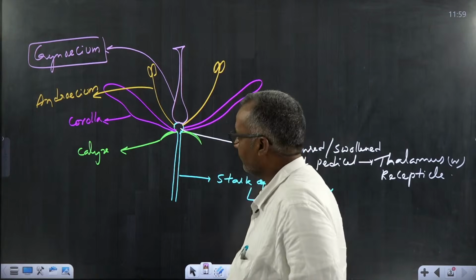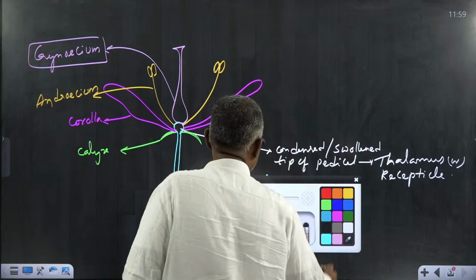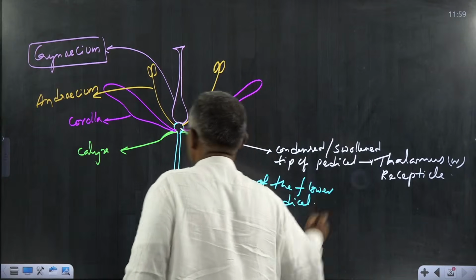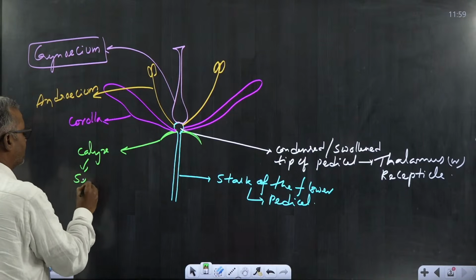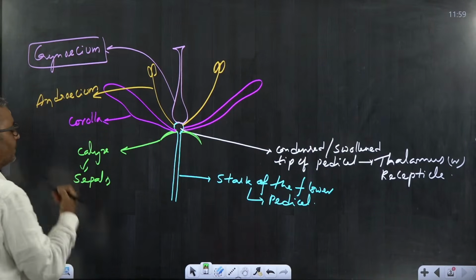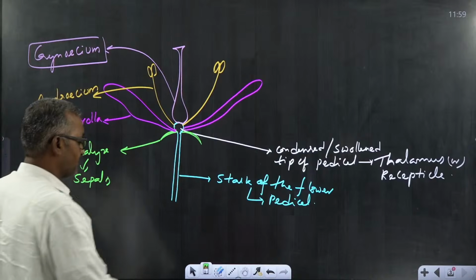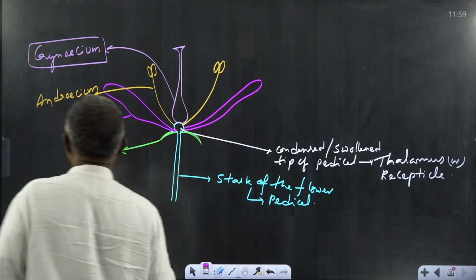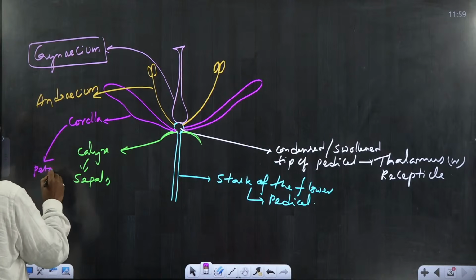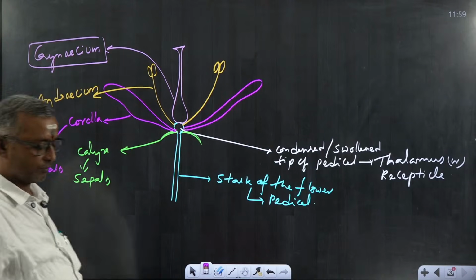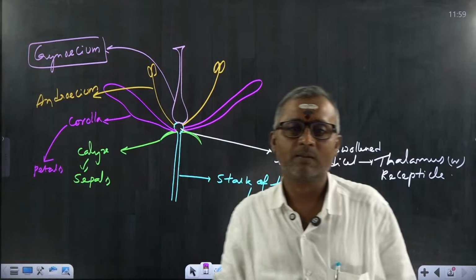Now, listen to me carefully. This calyx is composed of sepals. Calyx is made up of what? Sepals. Corolla is made up of petals.